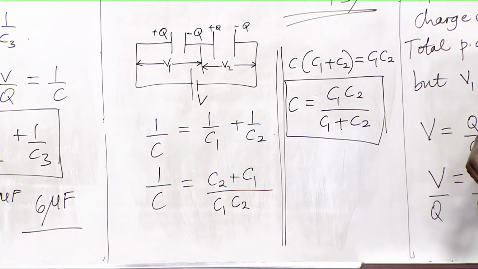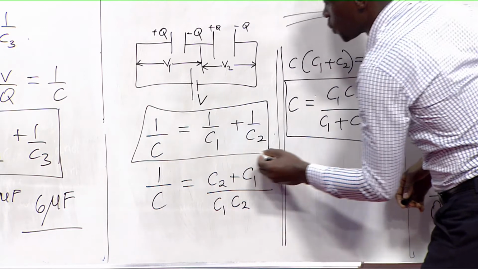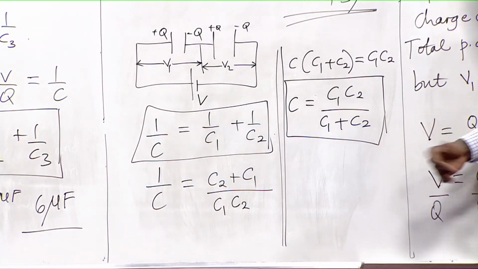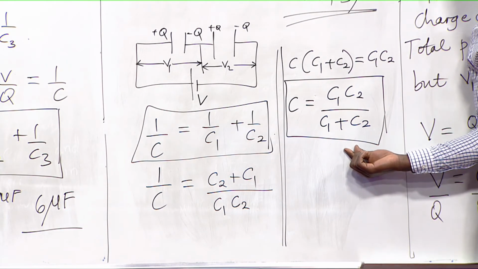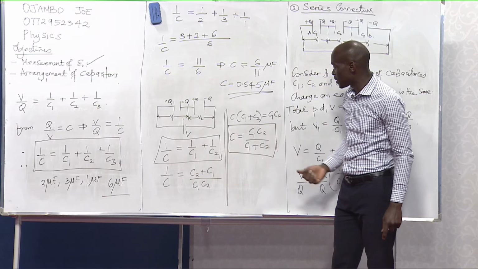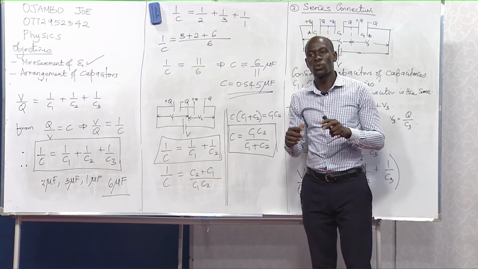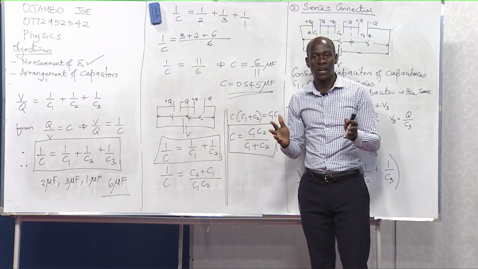So you don't need to go all this way here. You can simply memorize this, okay? So this is a very important expression. However, we should bear in mind that they can always ask us to derive it, my dear candidates.